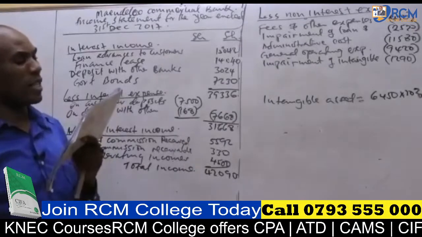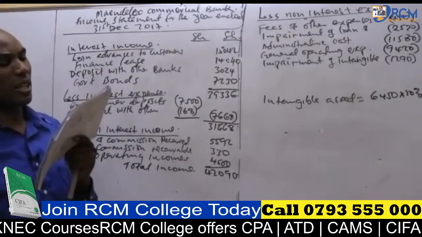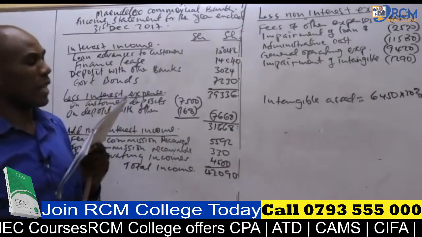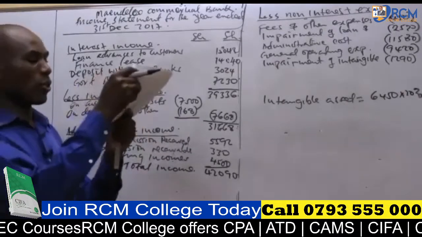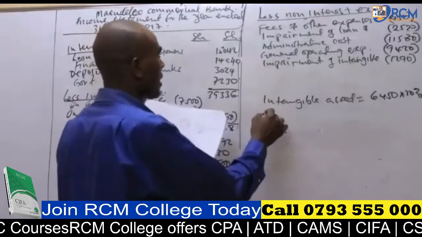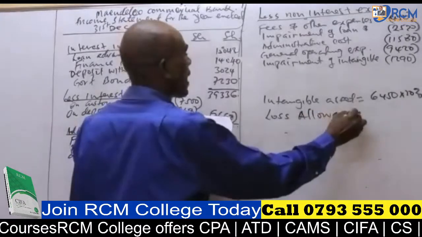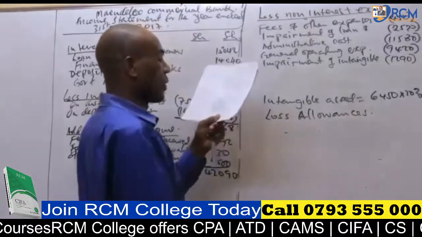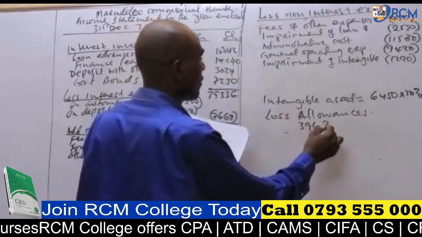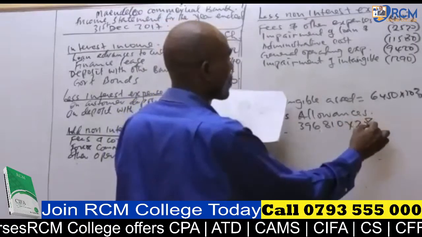Then in additional information, an allowance for unserviced loans is to be created at 2% of the outstanding loans and advances to customers. We have loans and advances to customers of 396,810. Therefore, the loss allowance is 396,810 times 2%.